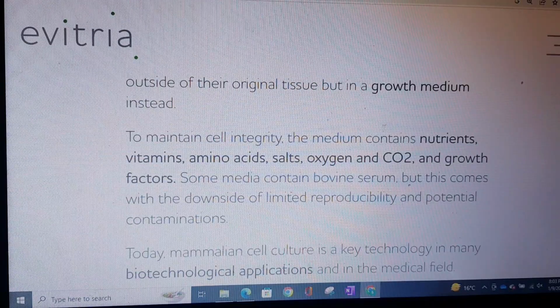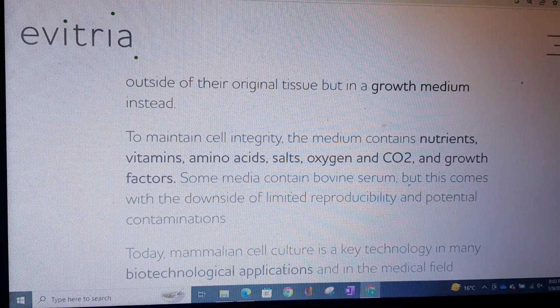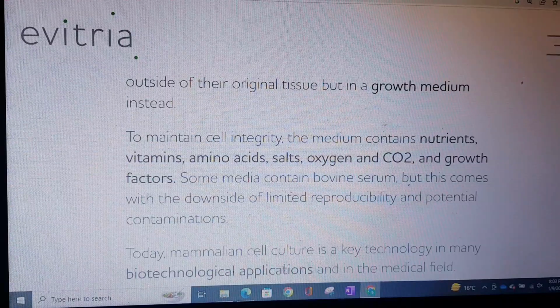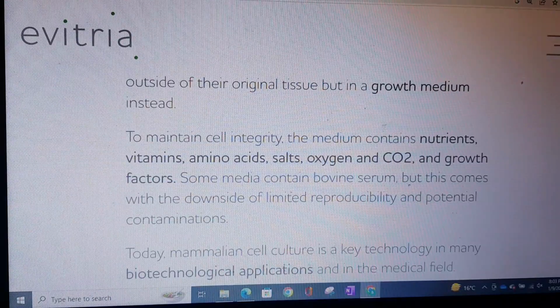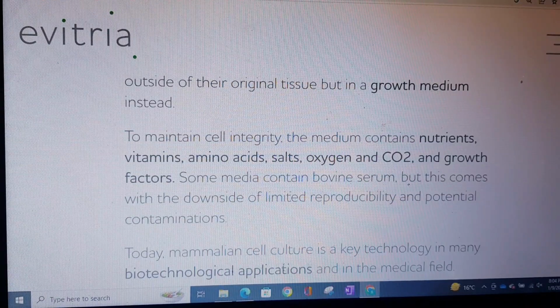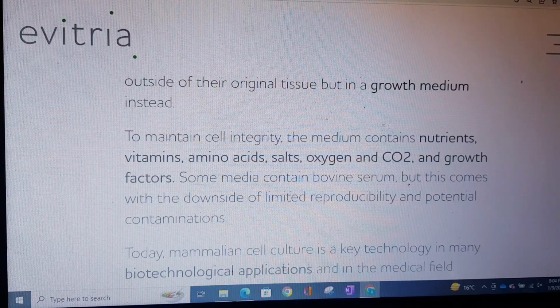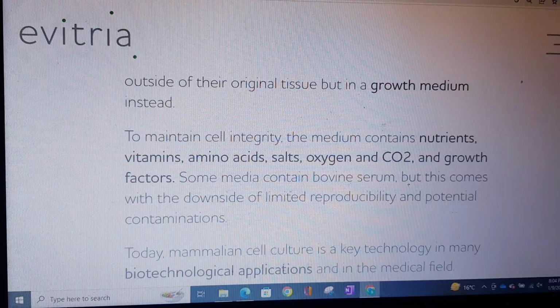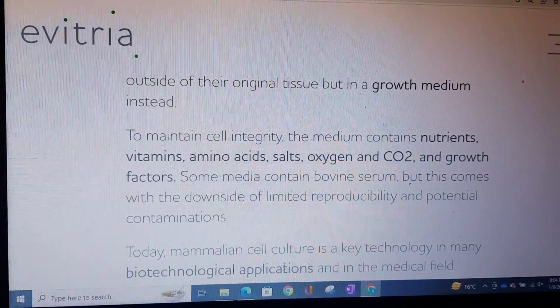Some media also contain bovine serum, but this comes with the downside of limited reproducibility and potential contaminants. The bovine serum contains proteins, electrolytes, lipids, carbohydrates, hormones, enzymes, and other undefined constituents which are necessary in many culture conditions to support cell growth.